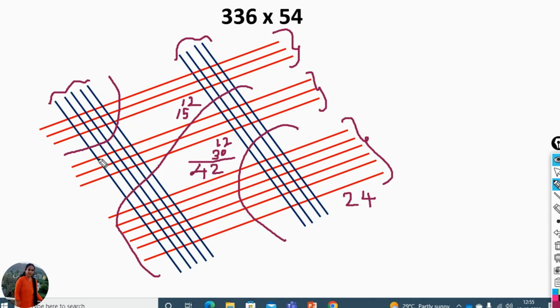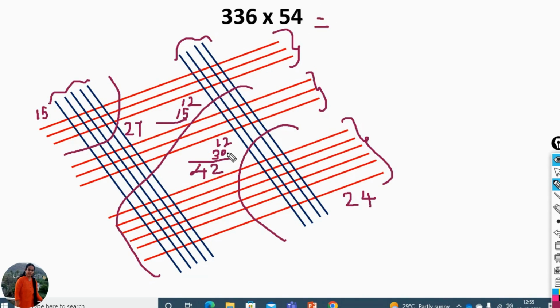You can calculate roughly by just counting, or you can multiply the lines that meet here. So 12 plus 15 is 27. Here again there are 15 intersecting points.